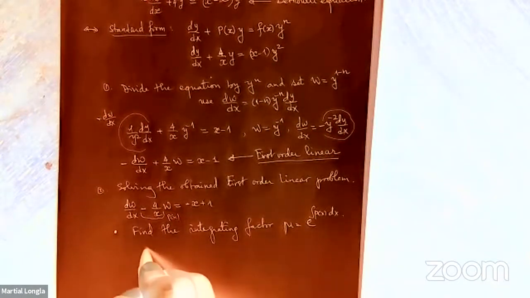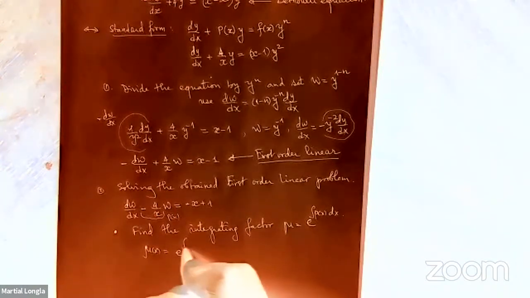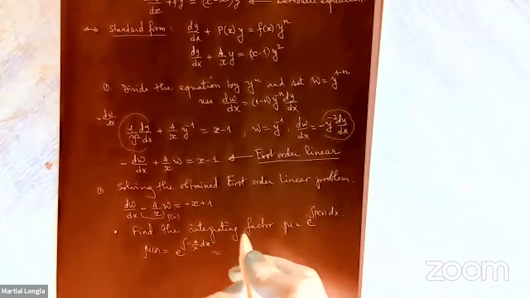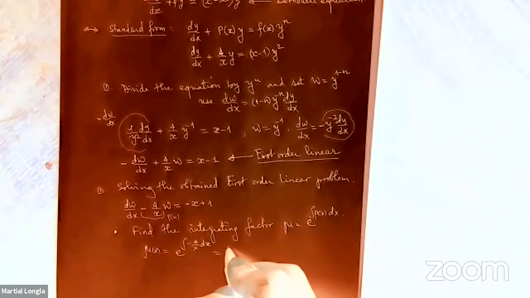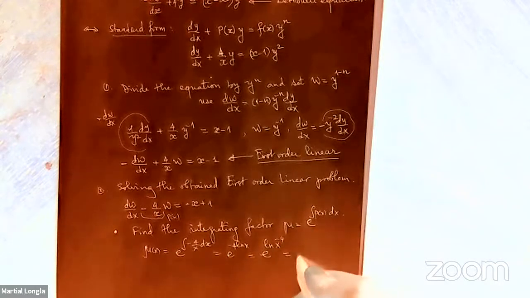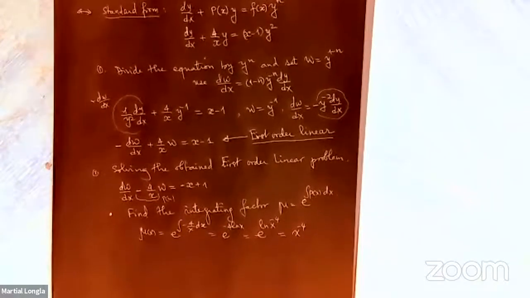So here we are going to find mu of x equals e to the integral of -4 over x dx, which is e to -4 natural log of x, which is e to the natural log of x to the -4, which is equal to x to the power -4. That's the integrating factor.